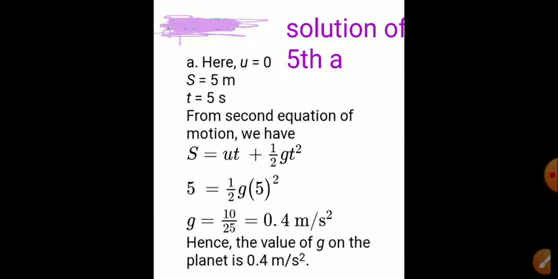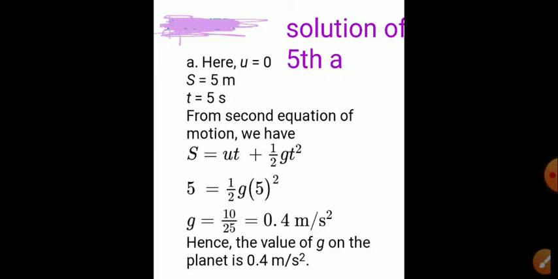From the second equation of motion, what is the second equation of motion? s is equal to ut plus half gt square. Now here s is what? Distance or height, u is initial velocity, t is time, and g is gravitational acceleration.